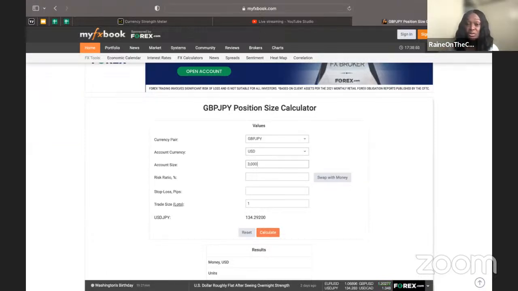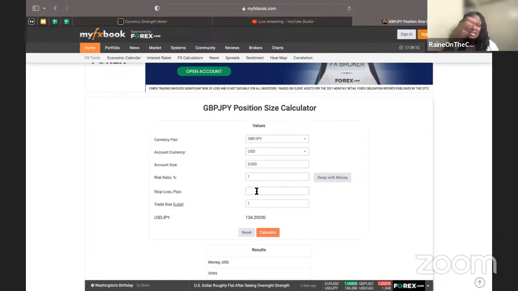Depending on which percentage you want to risk, you put it in the risk ratio. And based on the analysis that would have been done, you know the next zone is 20 pips or 50 pips. So you put your stop loss.